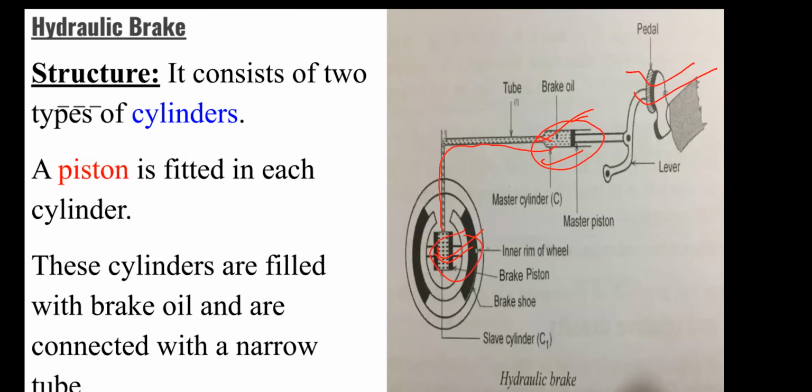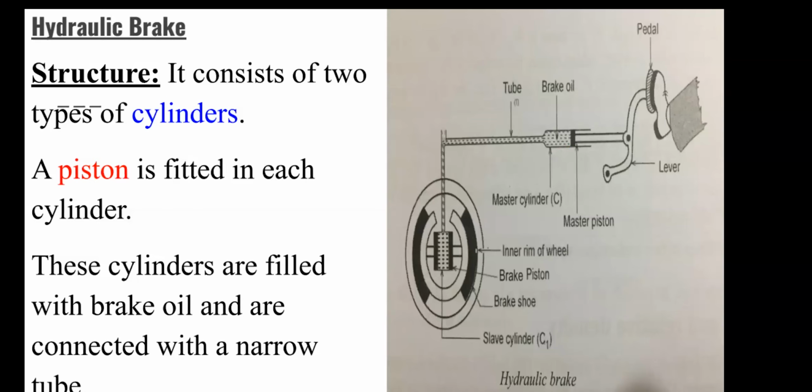So the pressure created on the master cylinder is transmitted towards the slave cylinder, and the cylinders are of different size. Here we apply less force, and in the slave cylinder the force gets magnified.